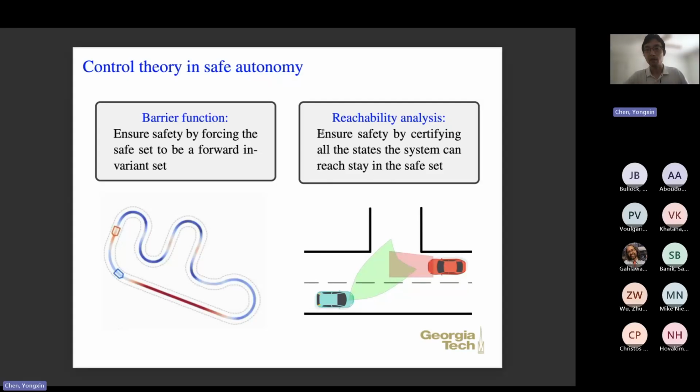So reachability analysis is a way to approximate all the possible futures in a certain structured way. If you want to use it for safety verification, you just want to make sure this reachable set is safe. That is how it works. Both methods are very popular, especially for deterministic systems, and our work is more related to the second one, reachability analysis.